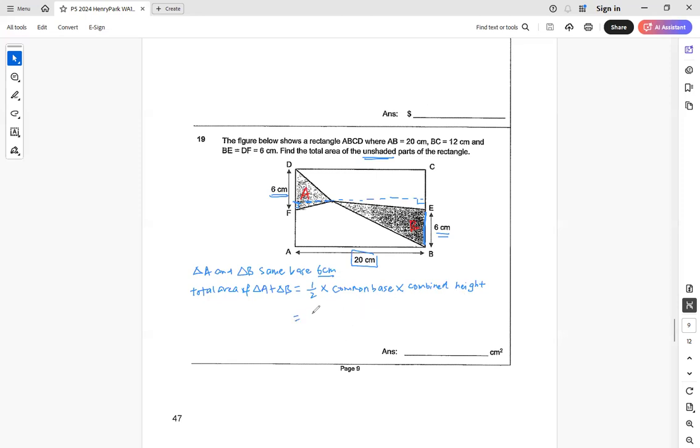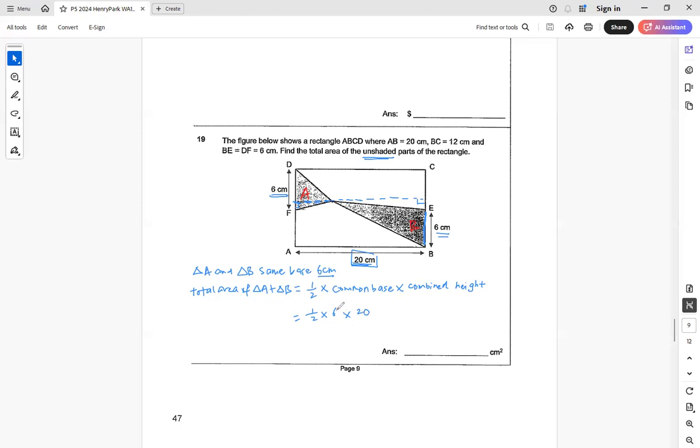So it will just be half times common base, the same base is 6 cm. The combined height of these two triangles A and B, take note, I already drew a dotted line. The dotted line for A is here, and the height for B is the other dotted line here. These two together will give you the entire length AB, which is 20.